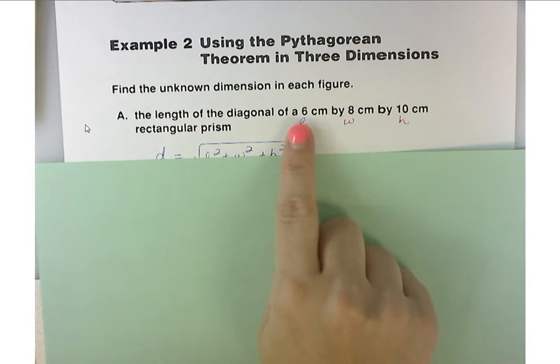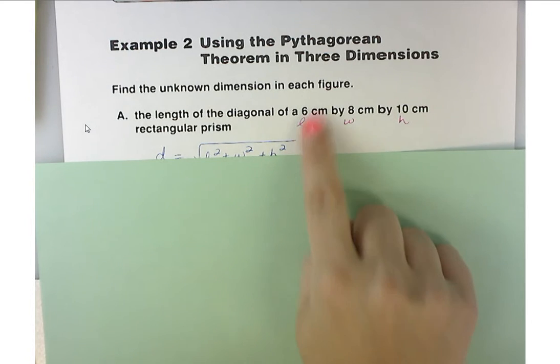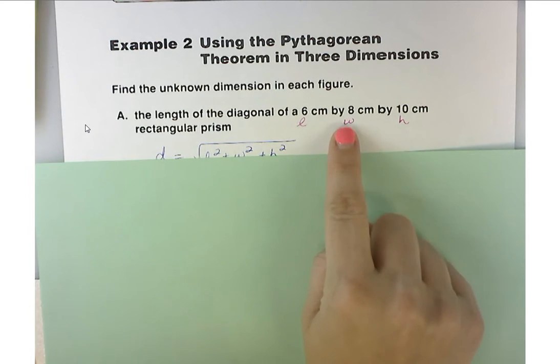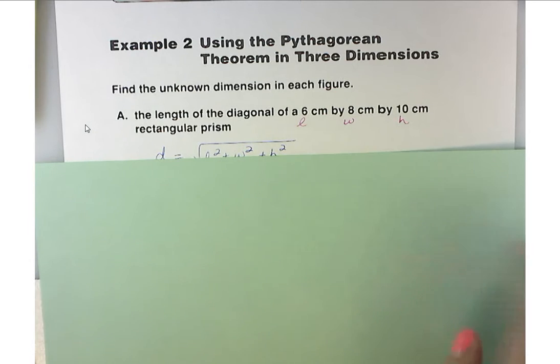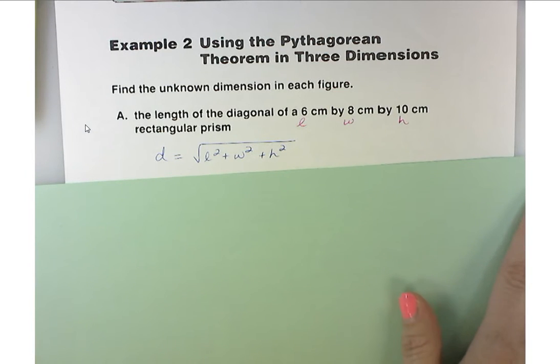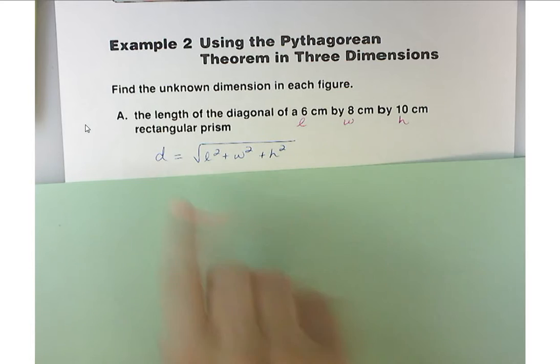And if it's a 6 by 8 by 10, 6 is going to represent the length, 8 is going to represent the width, and 10 is going to represent the height. So now I'm going to use my equation to find the diagonal of a right rectangular prism.